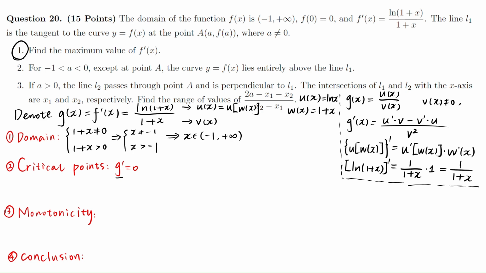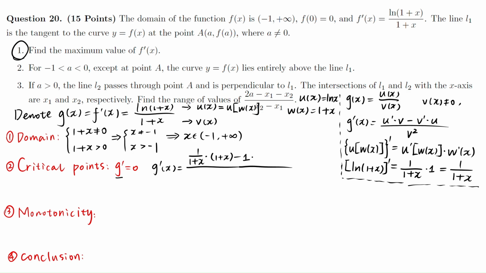Okay, so with this in our mind, we can now fill out the expression of g prime of x. Let's substitute them into the specific form. Where is u prime of x? Yeah, it's 1 over 1 plus x, and v is 1 plus x, minus, what is v prime?